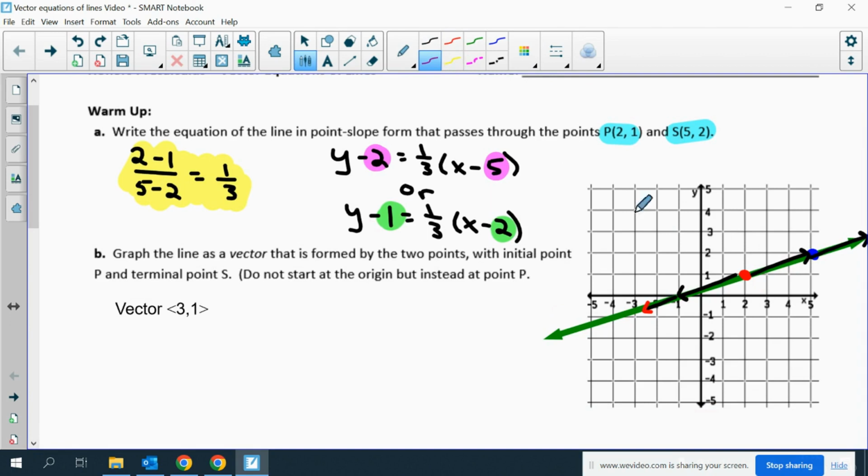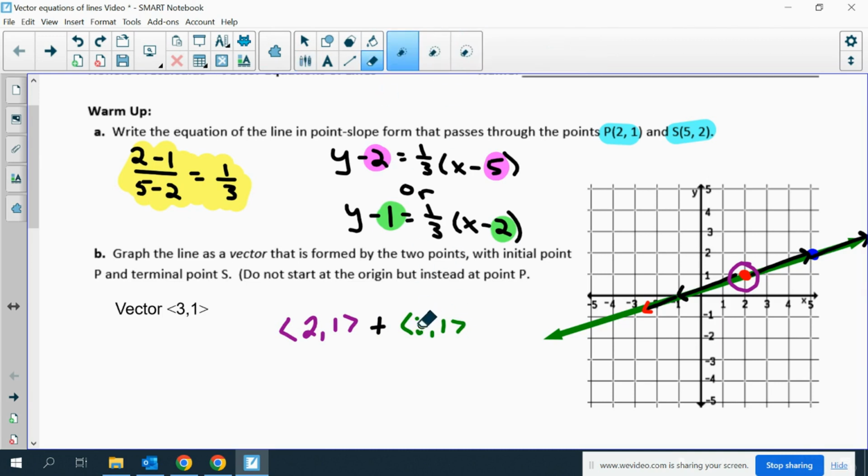So if I start at (2, 1), for example, then I can add (3, 1), or I can add (6, 2), or I can add (-3, -1) or (-6, -2). I can basically add anything that goes in this direction.